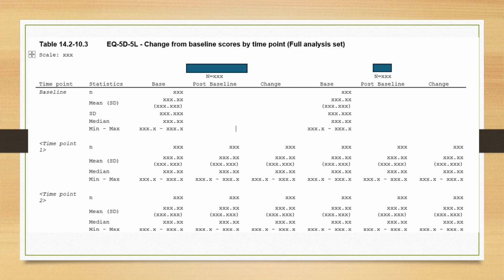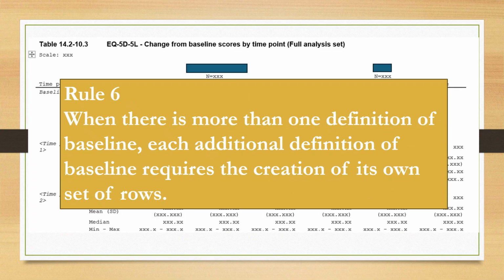So what is happening here is that in this table, we have created more than one baseline definition, and we have created a new set of rows for those time points. When this is the case, Rule number 6 comes into play.